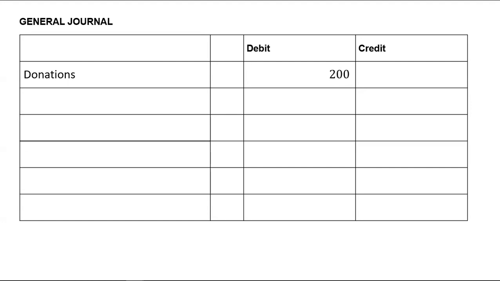That is because that is an expense, and expenses increase on the debit side. On the other hand, we donated trading stock. Trading stock is an asset. In this case, your asset will decrease. And when it decreases, it decreases on the credit side. And obviously, that will be donation of trading stock at cost price.